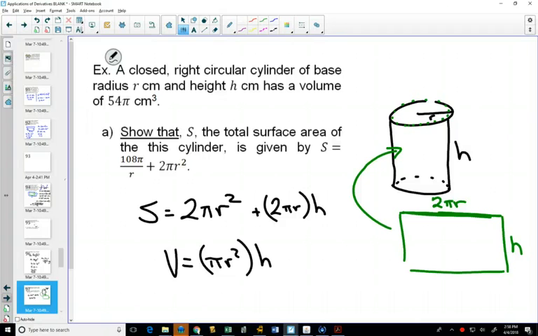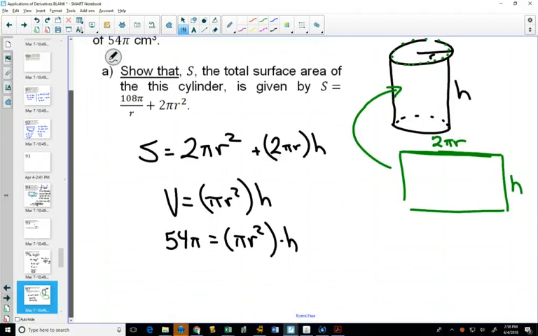And we know that the volume of our cylinder is 54 pi. So if I want to solve for the height, you could divide both sides by pi right away. I'll get h by itself, h equals 54 over r squared.